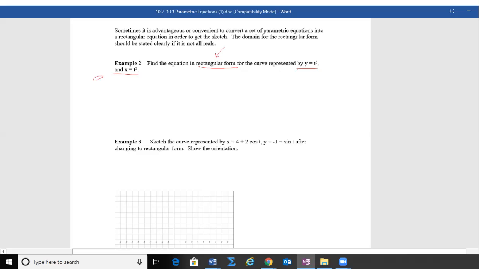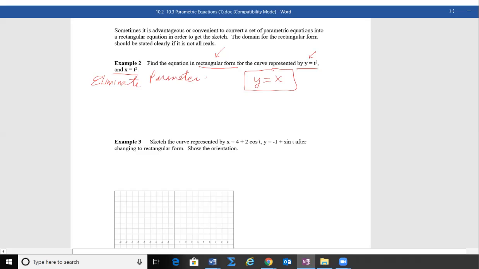What you have to do is eliminate the parameter. I can see that if y equals t squared and x equals t squared, a simple conclusion would be that y equals x. There it is. The parameter is gone. The only thing about this is it does not indicate all the information about the original.